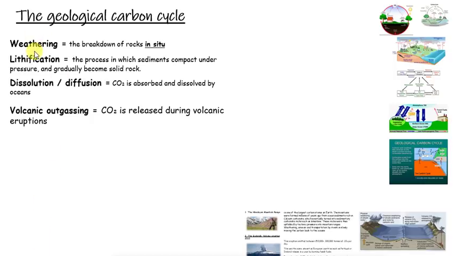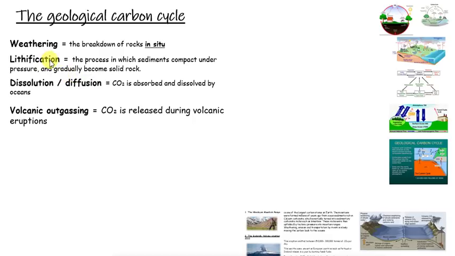So the first one is weathering, which is the breakdown of rocks in situ, so where they are located. Erosion, remember, is the removal of that weathered material. So don't be using the word erosion in this part of the course. It's weathering that is the key process.